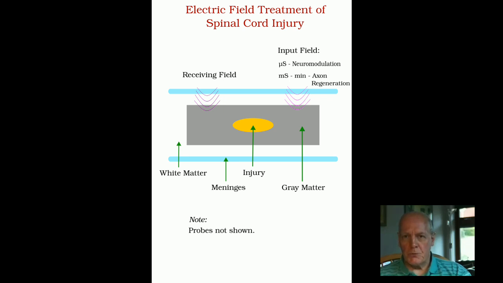Now, the probes, of course, would have a current going through them, and that would produce an electric field which would penetrate into the spinal cord to impact the injury. And what they found was that the electric field, as I said, promoted axon growth and reduced degeneration of axons.